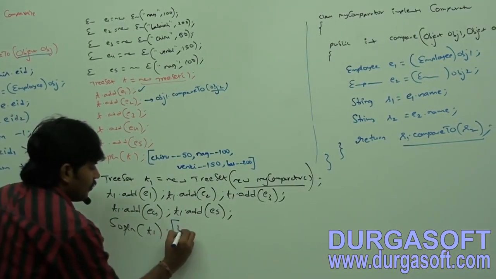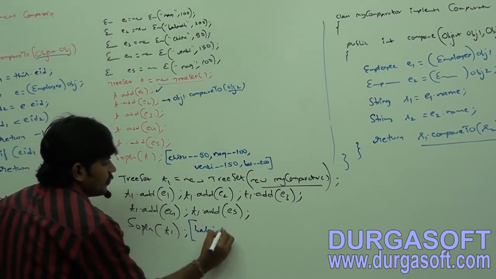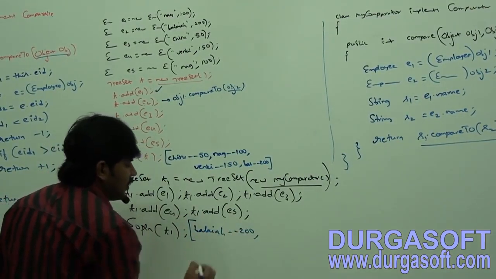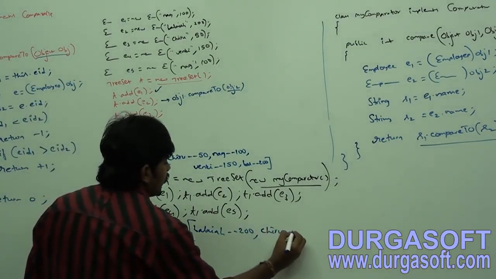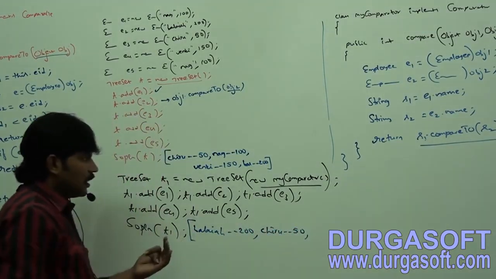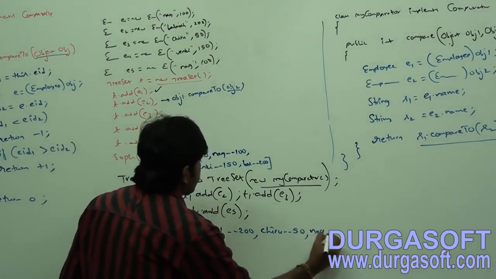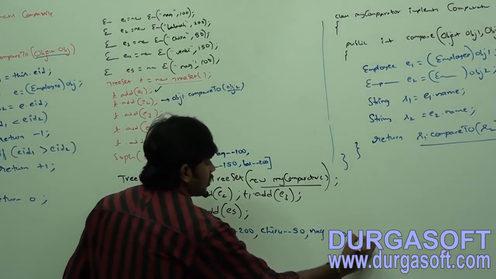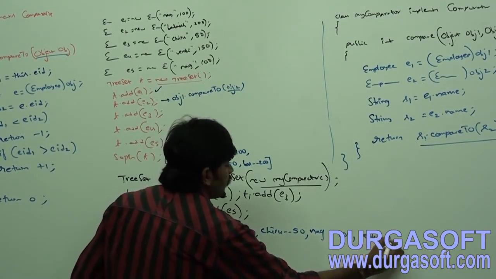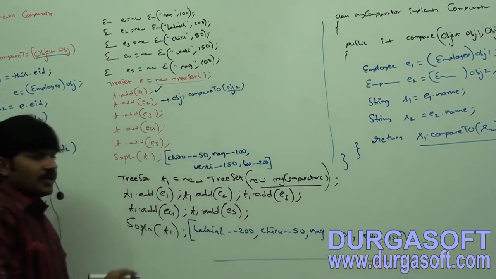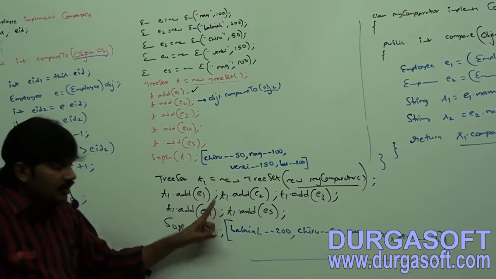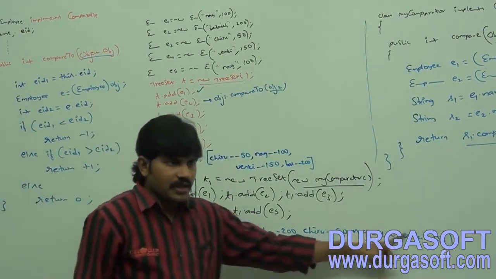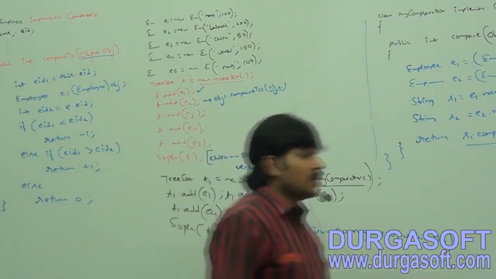First, Balaya 200, then Chiru 50, then Nag 100, next Venki 150, right? So it inserts all employee objects based on alphabetical order of their names. Are you able to understand?